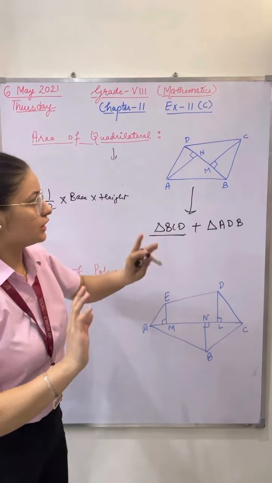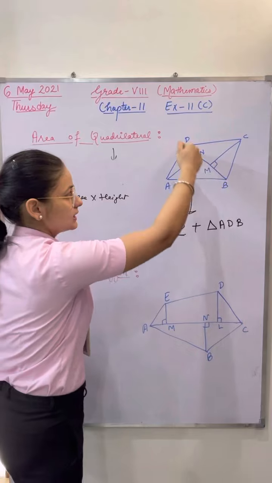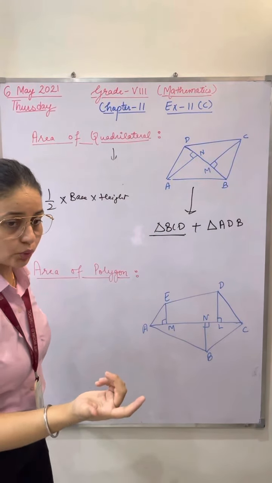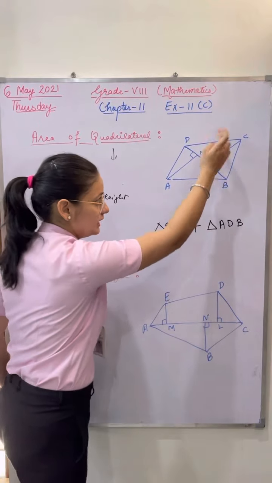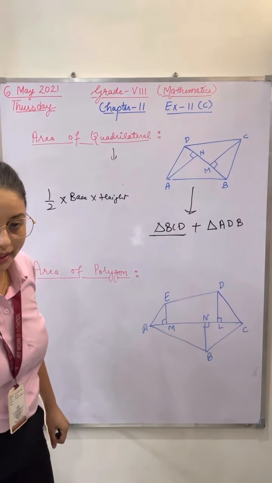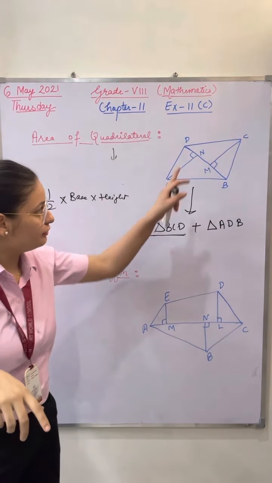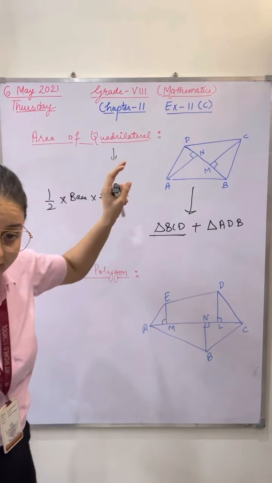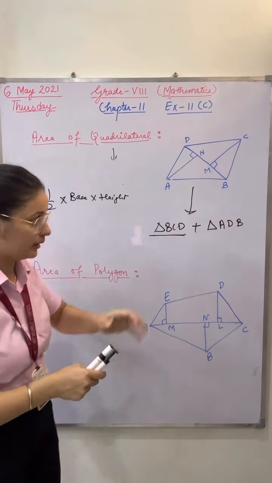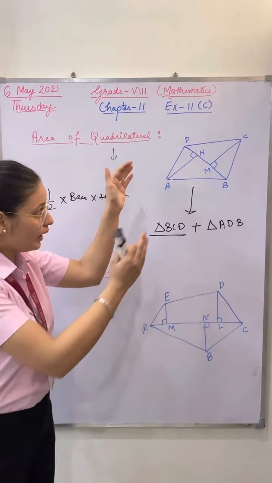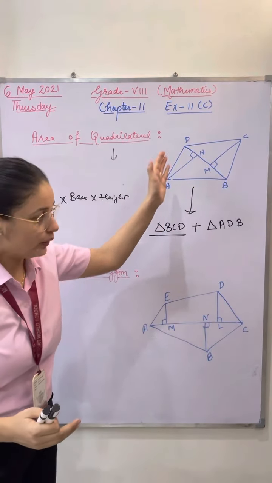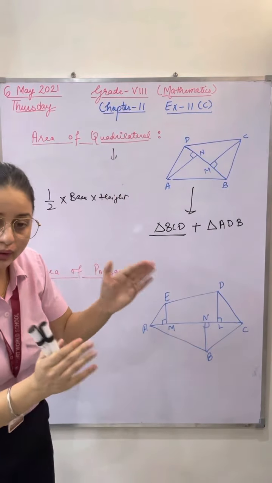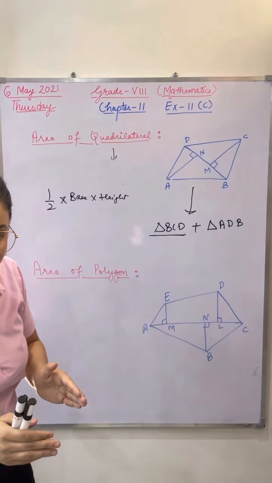If parallel sides are not given, and the complete diagonal is given and these two heights are given, then you have to solve this question with the help of two triangles, because for two triangles there is a requirement of a base and a height, and that is already given to you. So in this exercise, you have to identify what shape it is, which sides are given to us, and from those sides we can assume what kind of shape it is.